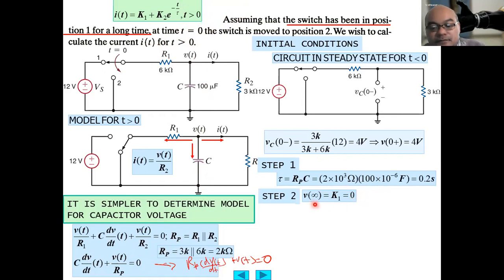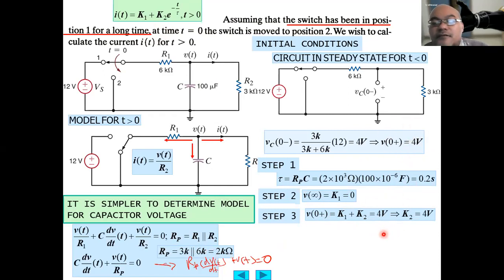Then the initial value analysis: v(0 plus) equals K1 plus K2, and this equals 4 volt, obtained from the earlier solution. So K2 equals 4 volt minus K1.